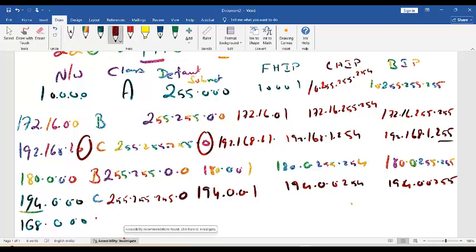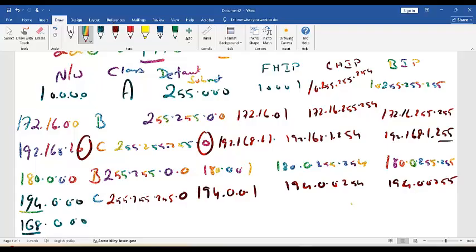Class B. Okay. Subnet mask is 255. Sorry, it's class A. Class A 255.0.0.0. Is this class A? Are you sure? 168, right?